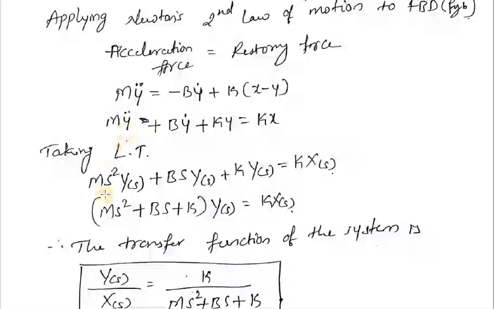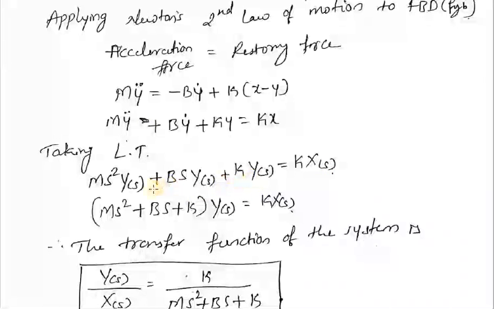For that, m is a constant so write it as it is, m into y double dot becomes s square into y of s, plus b into y dot. So you can write b into s into y of s, because it is like dx by dt, where we used to write s into x of s. In the same way, here we write plus k into y of s, equal to k into x of s.